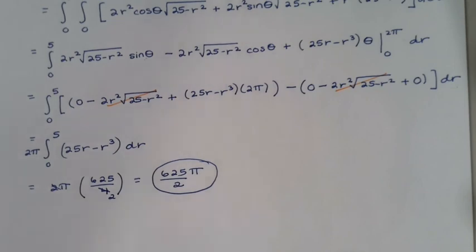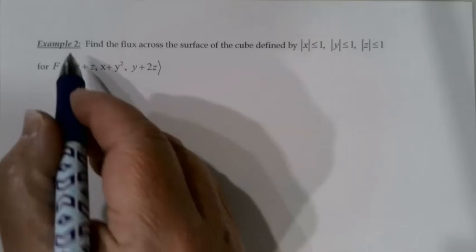There are other problems where the divergence theorem does an even better job of making the work a lot simpler, and our last example is going to show us one like that. All right, so here we go in example 2.